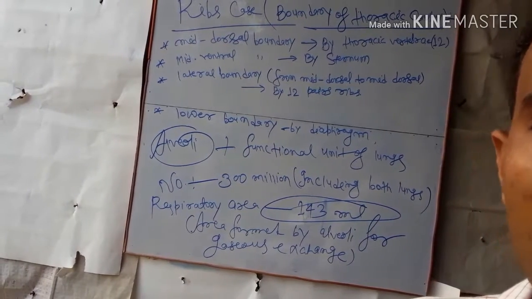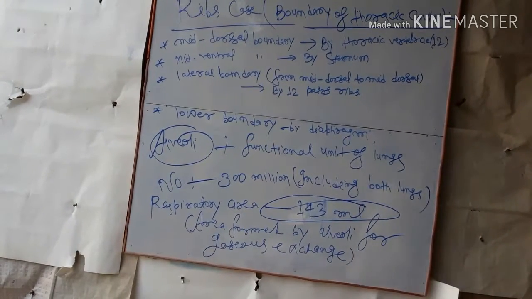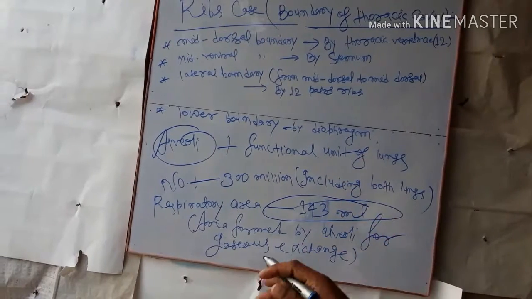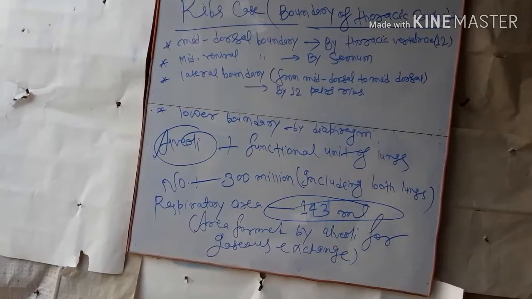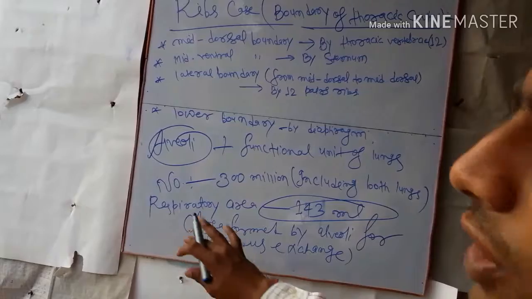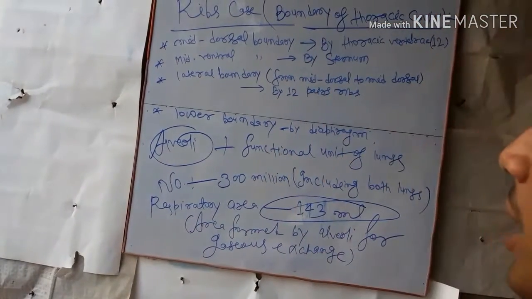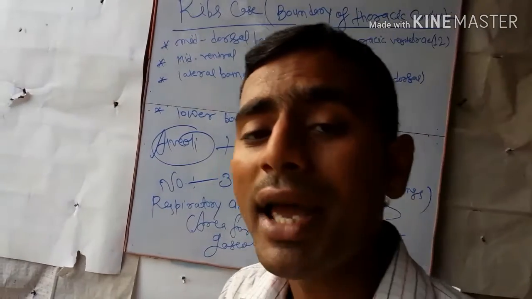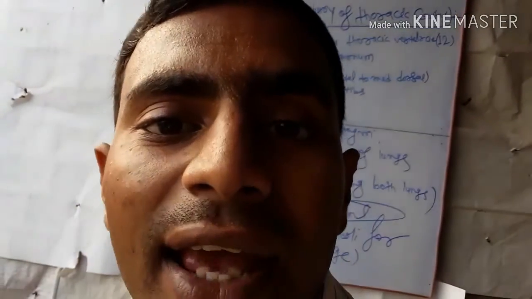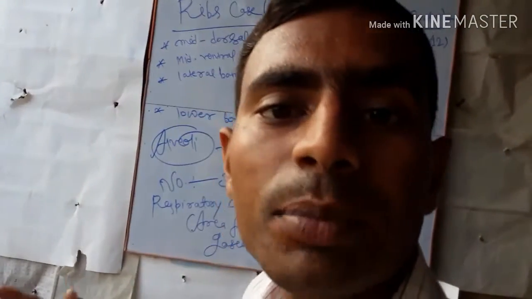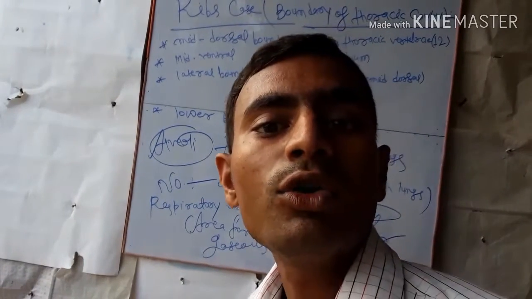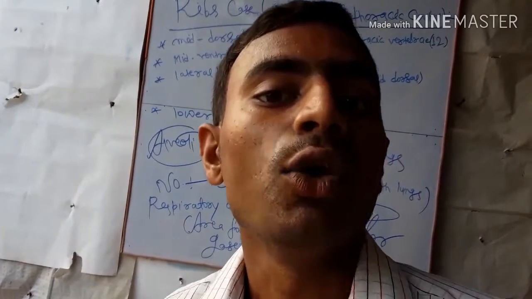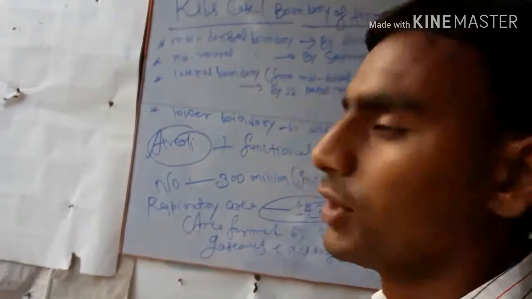This is the respiratory area: the area formed by alveoli for gas exchange, and the amount of respiratory area is 143 milliliter.